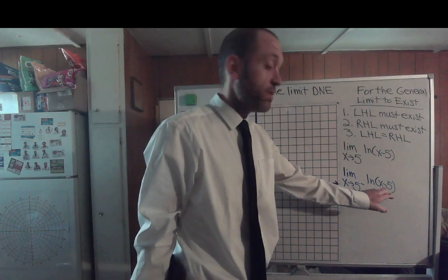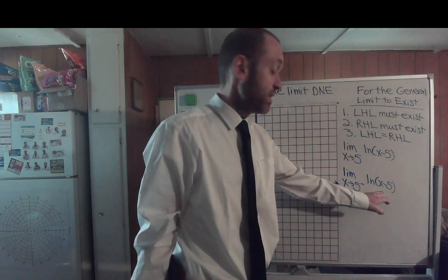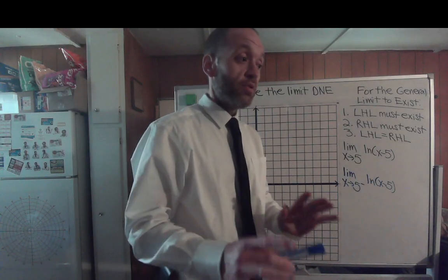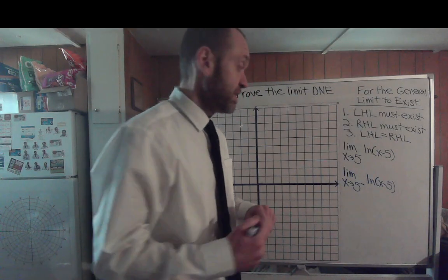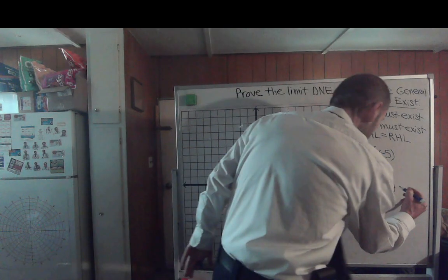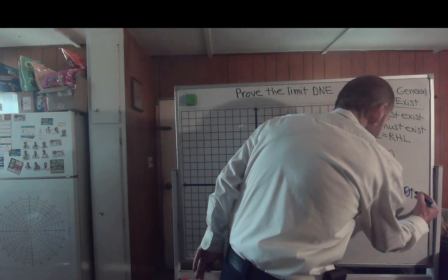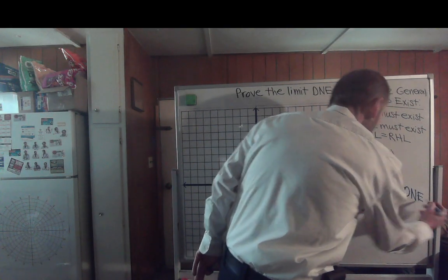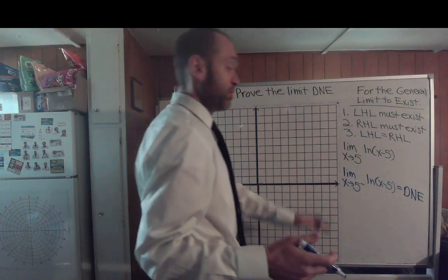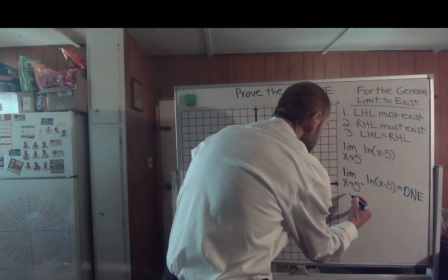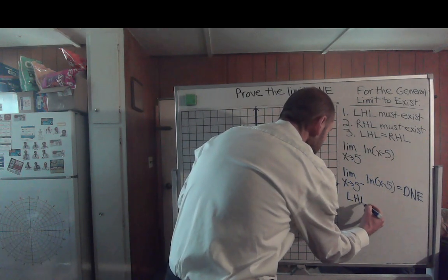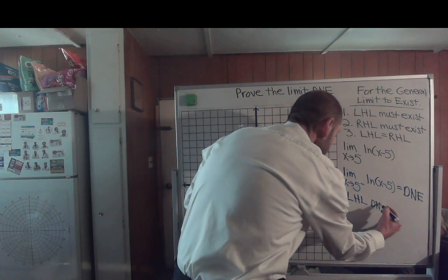That's going to give you a negative value inside your parentheses. Remember, the natural log is not defined for numbers less than or equal to 0. So right away, the left-handed limit does not exist. We've immediately proven that this limit does not exist because the left-handed limit does not exist.